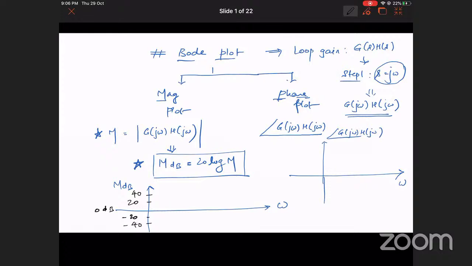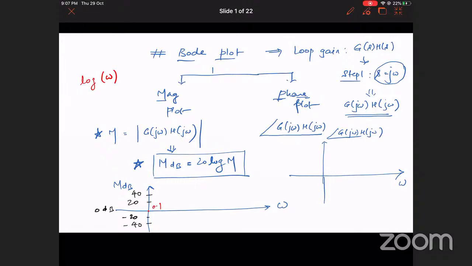Talking about the x-axis, as we have already discussed, the typical value that we start with for omega is 0.1. You never start with omega equal to 0, guys, because for calculation you'll have to take the log of omega, and if I take omega equal to 0 as a starting point, log of 0 is infinite or not defined.